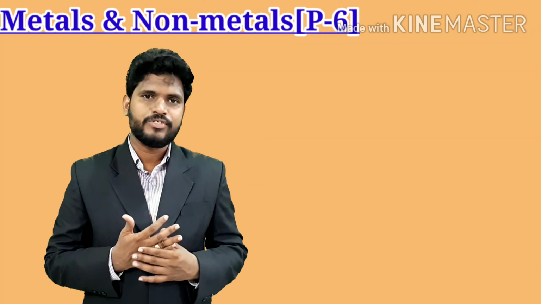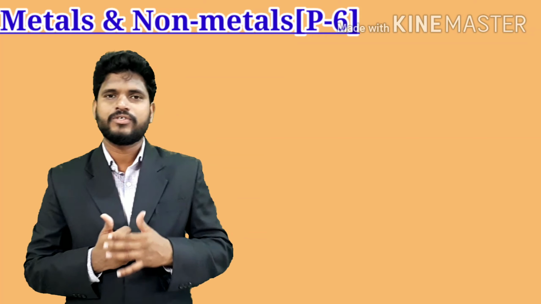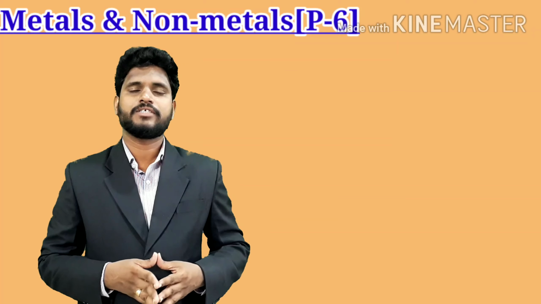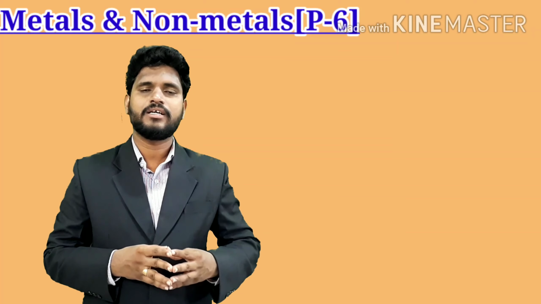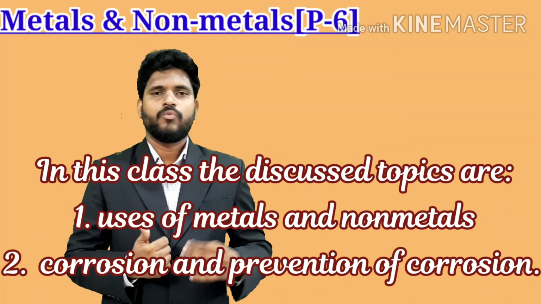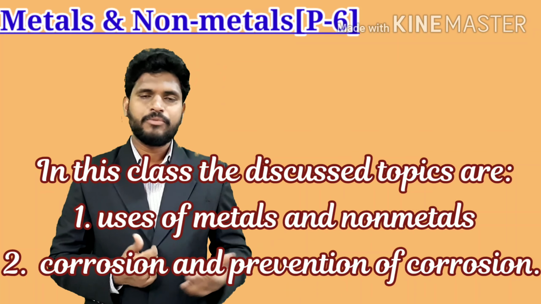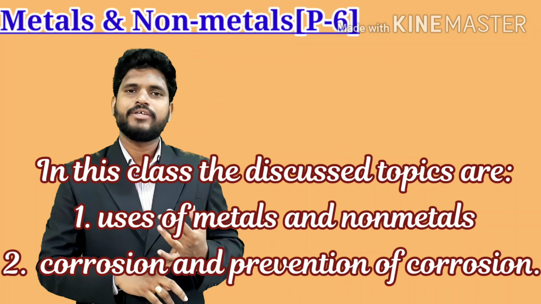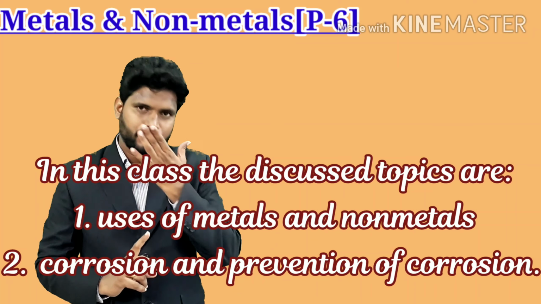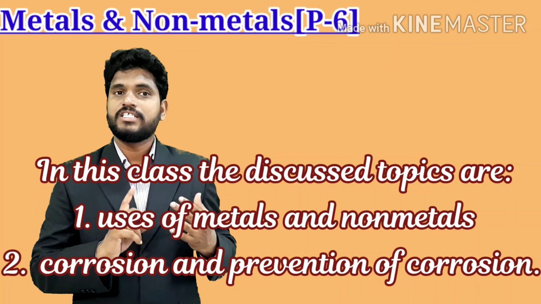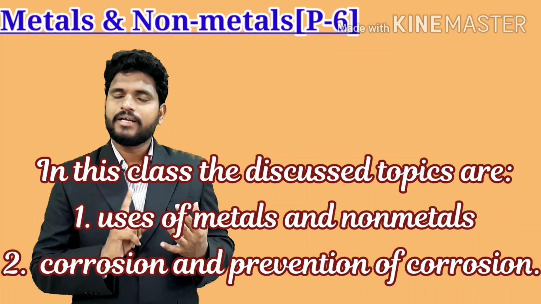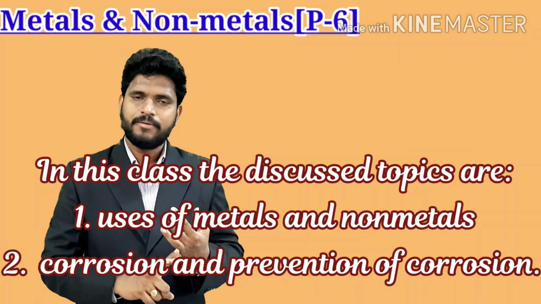So this is about corrosion and the activity for corrosion, and next, how we can prevent metals from corrosion. Are you clear, all of you? I hope you understood about corrosion. So in this class, we discussed the uses of metals and the uses of non-metals in our day-to-day life, right? And next we learned what is meant by corrosion, and how we can protect metals from corrosion.